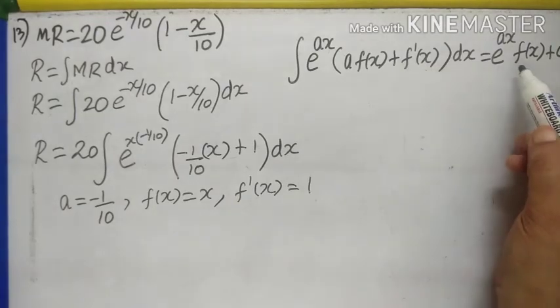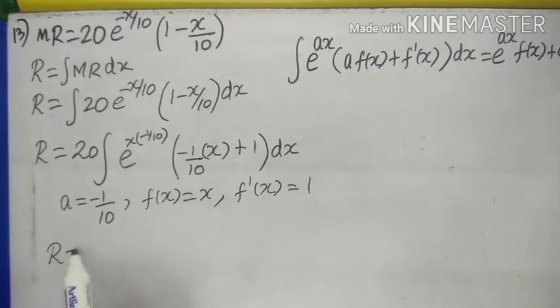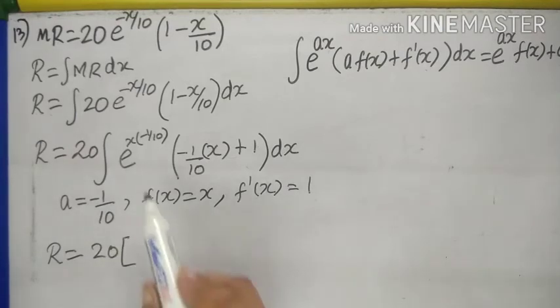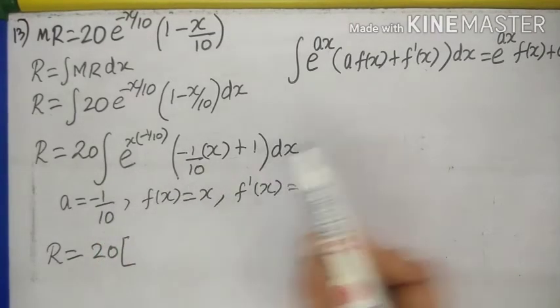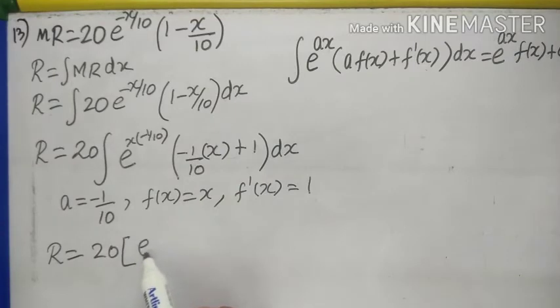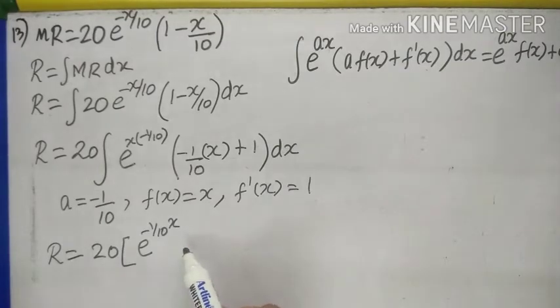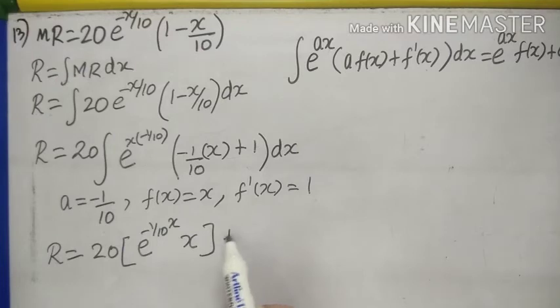So what is the right hand side? R equals 20 as given in the question. Full integral, my answer is e power ax, minus 1 by 10 x, into f of x. What is f of x? X plus c.